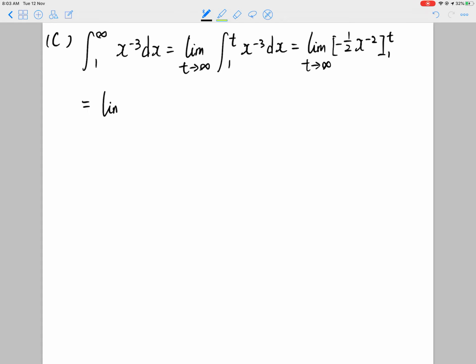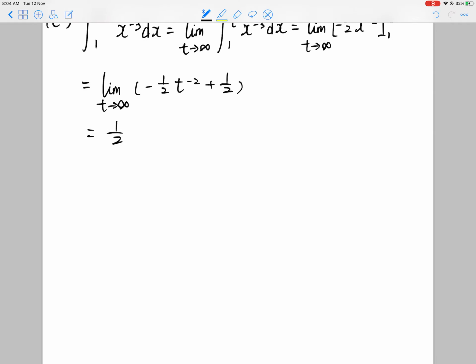So it's the limit as t approaches infinity of negative t to the power of negative 2 over 2, plus half. When t is approaching positive infinity, this thing approaches 0, so the answer is 1 over 2.